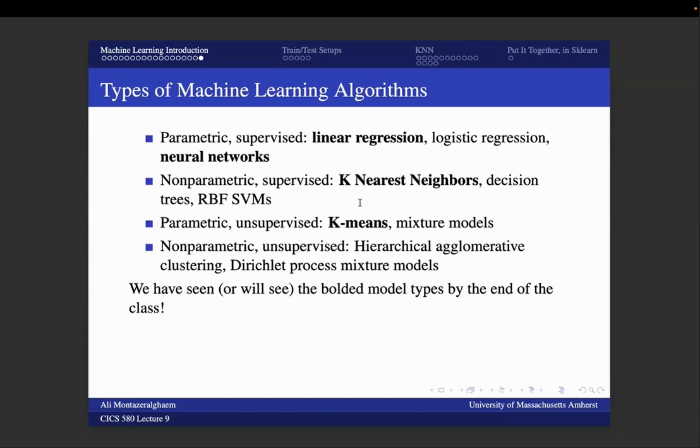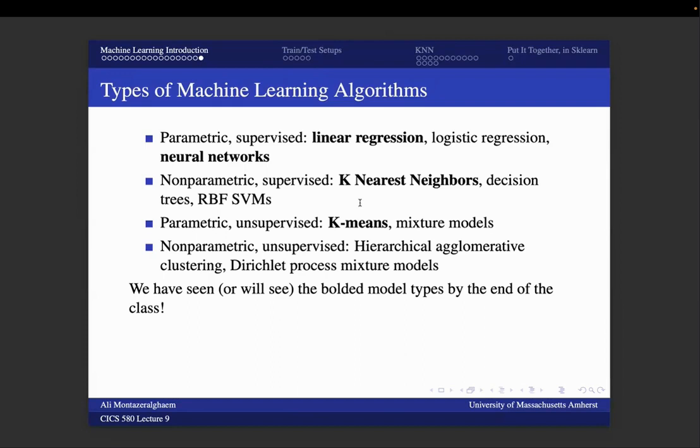SVM is support vector machines, if you already know about machine learning algorithms. But we are not covering this in this course. In this lecture, we are going to talk about k-nearest neighbors.